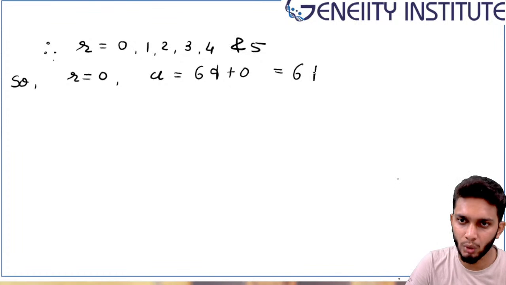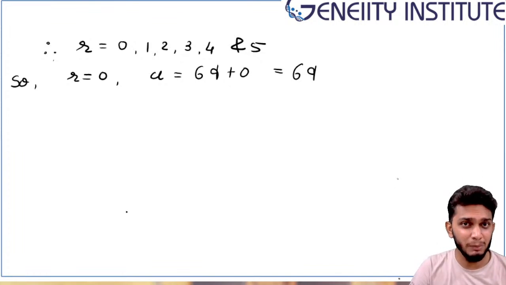So 6q plus 0 means 6q. Is it divisible by 2?